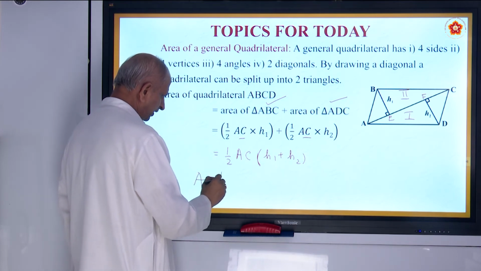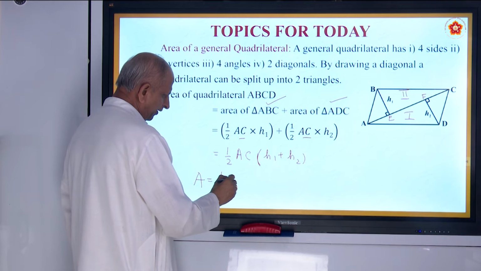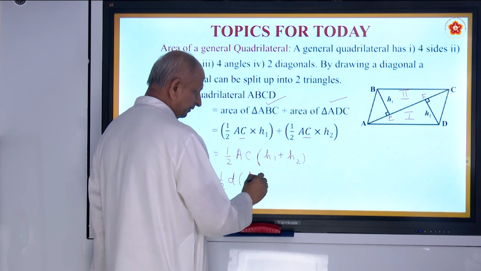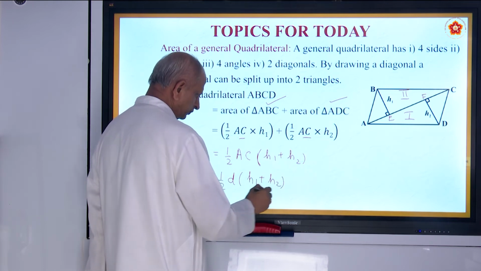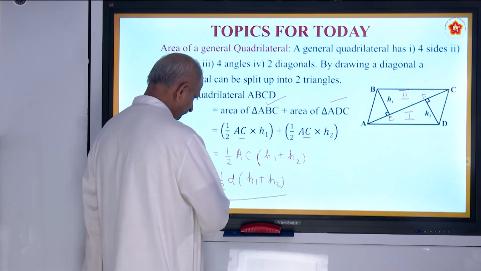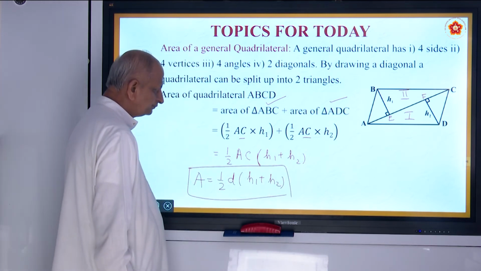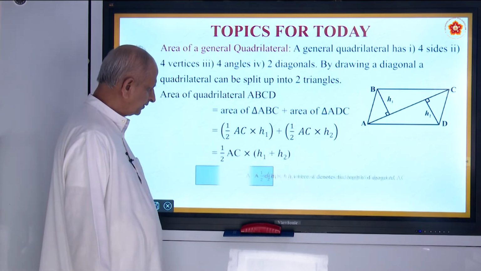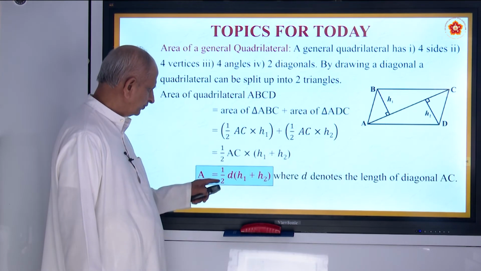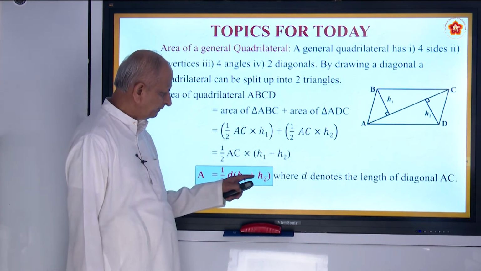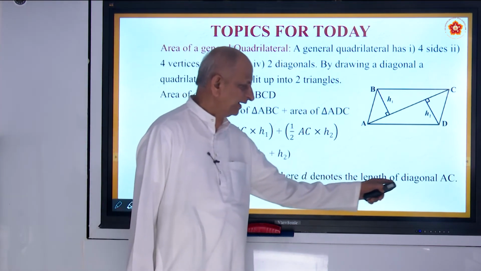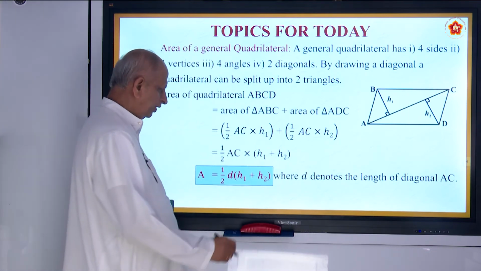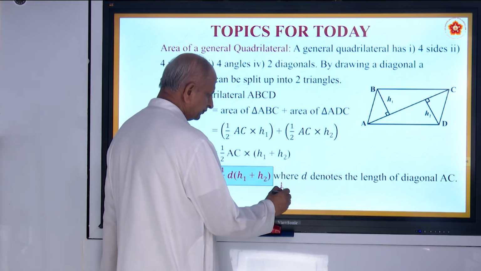Area of quadrilateral A is equal to half of, suppose you call that AC as D, H1 plus H2. That is the formula. What is D called? D is called the diagonal. So half of D, the diagonal, into H1 plus H2, where D denotes the length of the diagonal. What are H1, H2? H1, H2 are the heights.